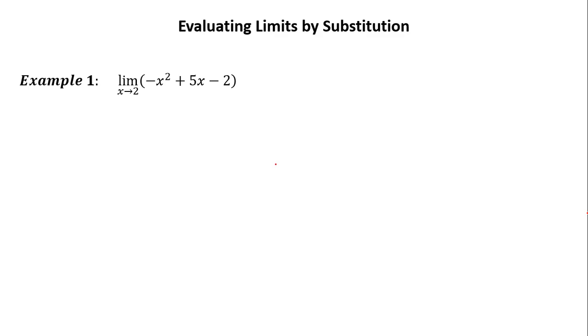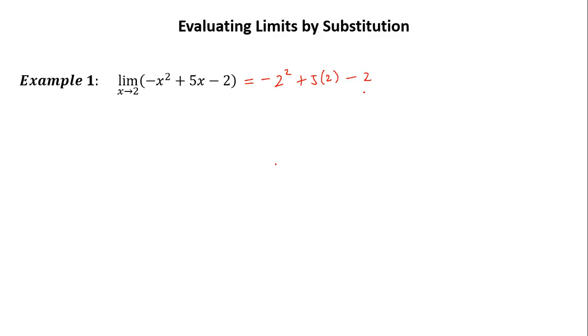For polynomial functions like this, you can just directly substitute the given index, the small number under the limit symbol or notation. Okay, so we have this limit is equal to the negative of 2 squared plus 5 times 2 minus 2.